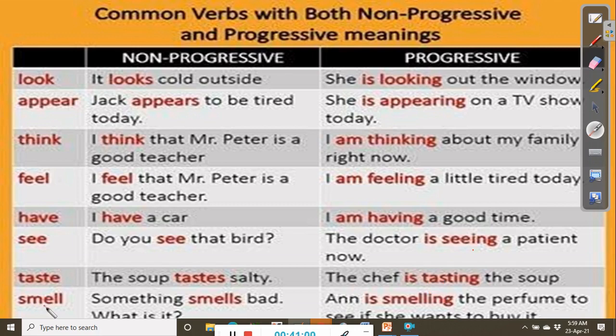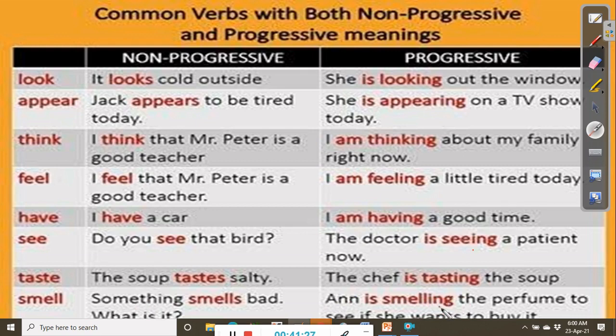All right, then the sense of smell, if the sense of smell is highlighted by our use of smell, then it is stative. Something smells bad. That is stative. But if we are expressing an action, such as Anne is smelling the perfume to see if she wants to buy it.